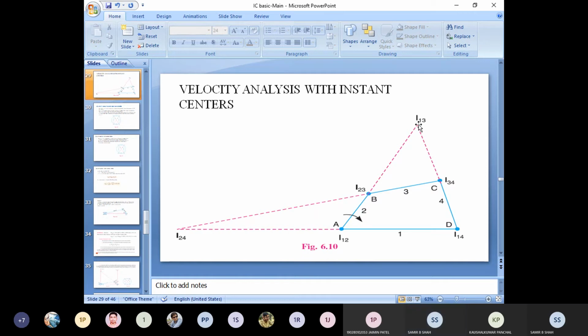How am I getting I13? By joining I12, I23 and I34, I14, the center I13 is located.